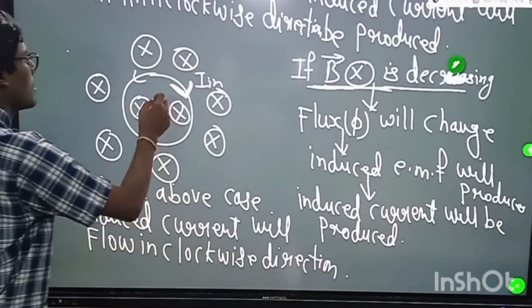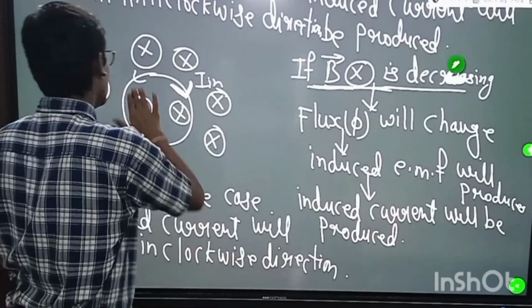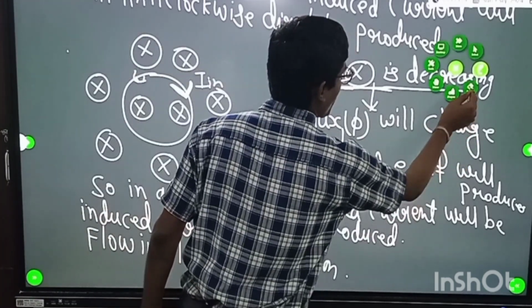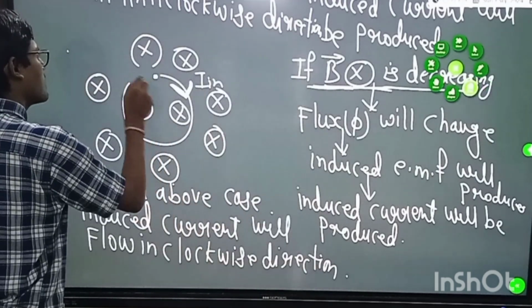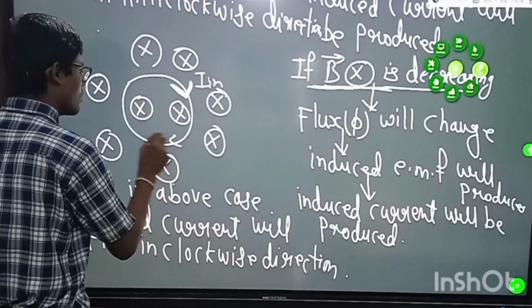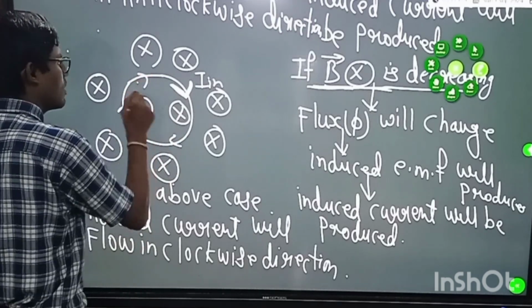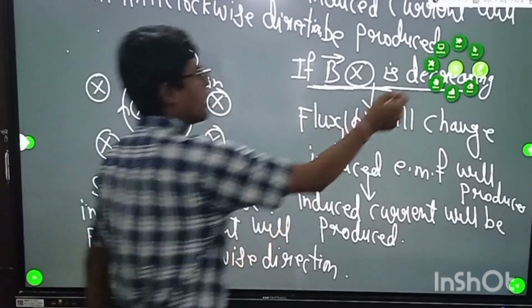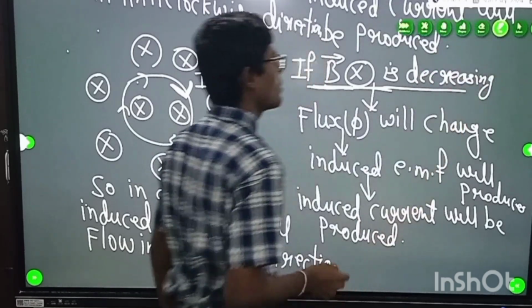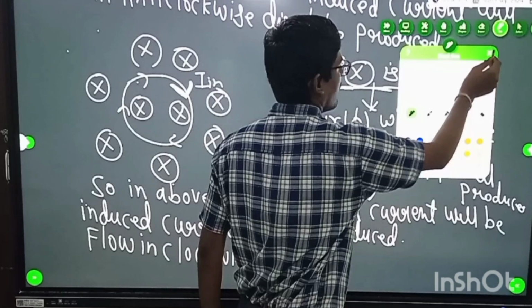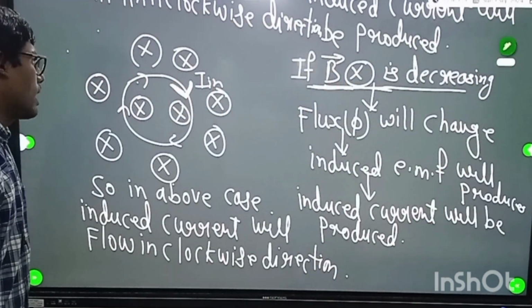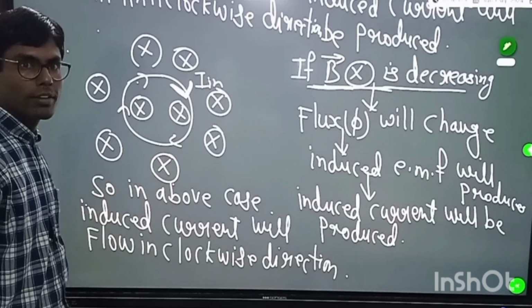So in this case, induced current will flow in clockwise direction. Then only it will oppose the decreasing magnetic field. I hope you are understanding.